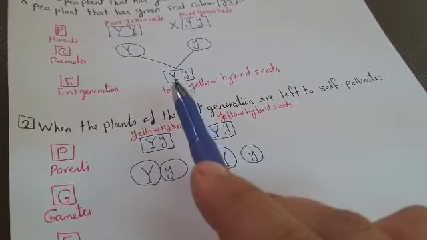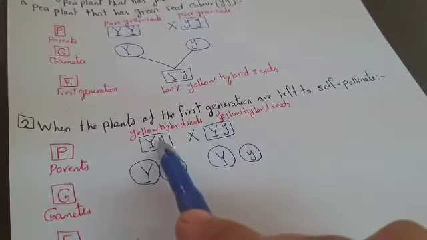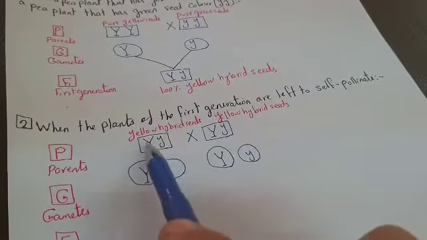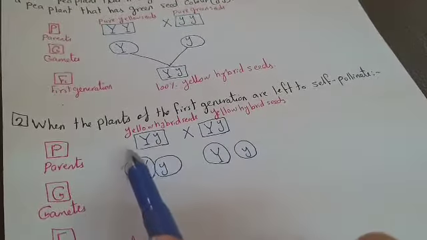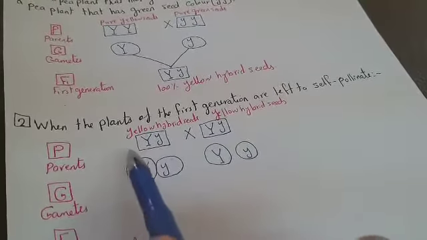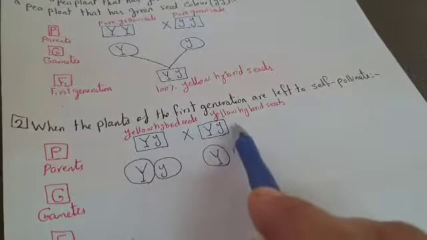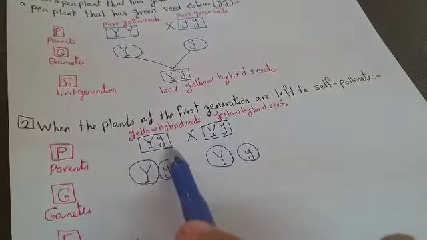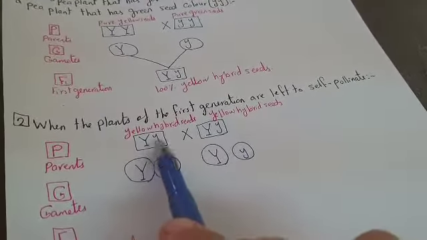Each pea plant's color trait is controlled by two genes, one from the father, one from the mother, but here it is hybrid. So this is yellow hybrid seeds and this is yellow hybrid seeds. Here again from the father and here again from the mother, so they are different here.